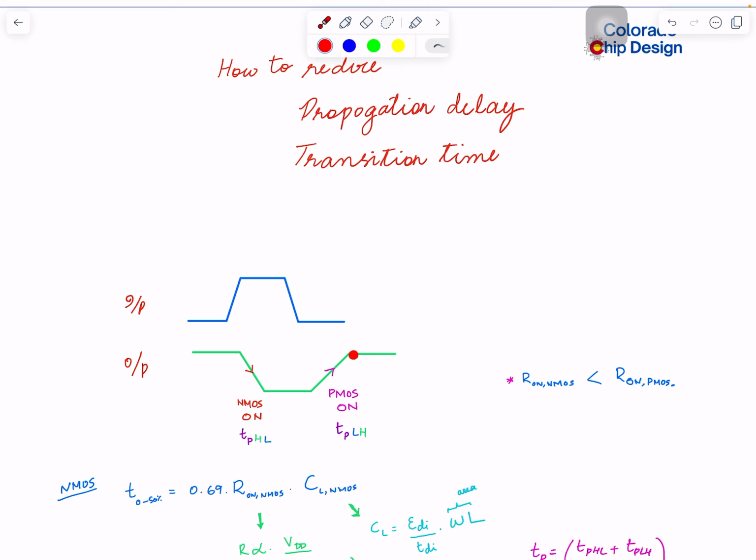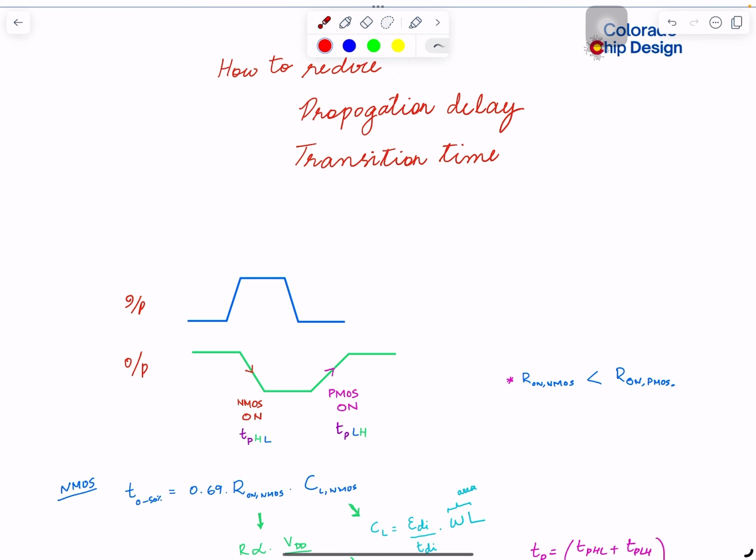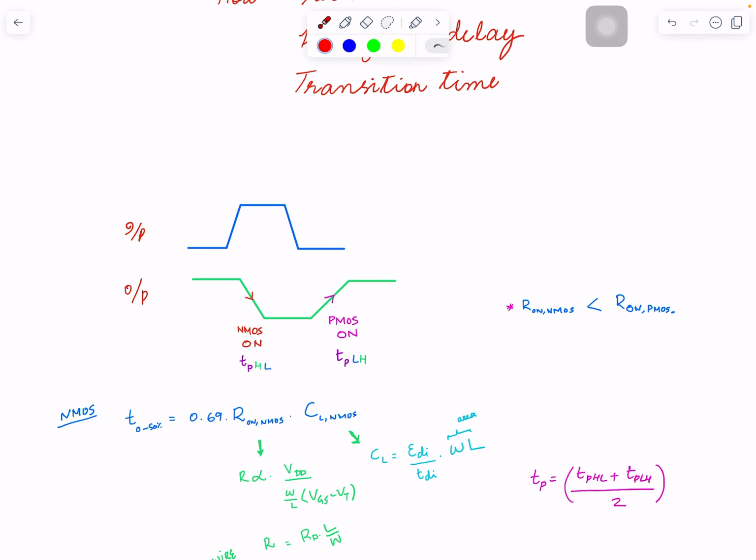During this time, PMOS turns on. When high to low, NMOS transistor turns on. If you remember the equation I mentioned to you, in a waveform we can always measure the 50% delay here.